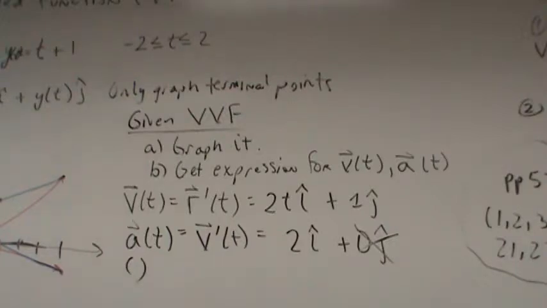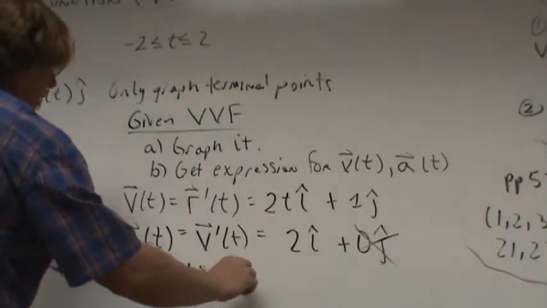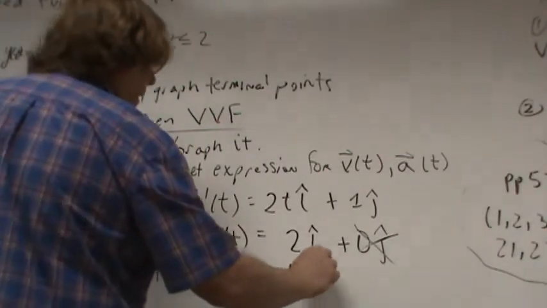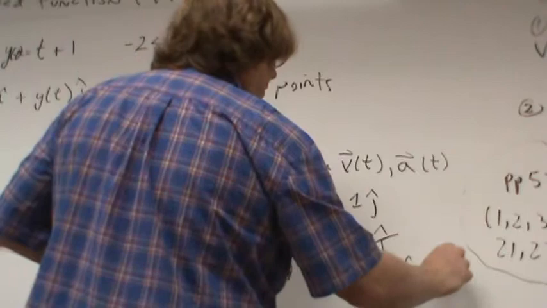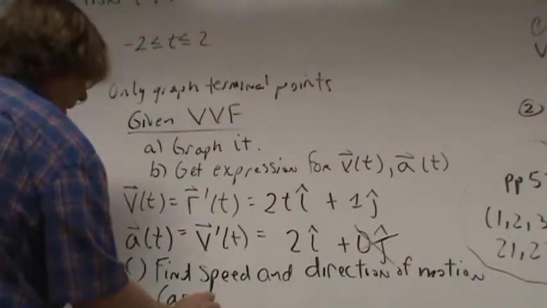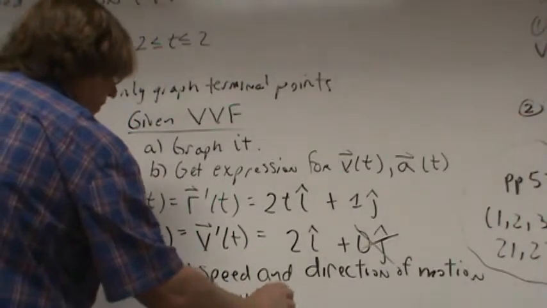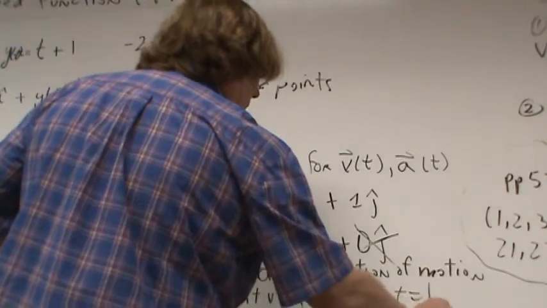Here's the next step. I'm going to ask you a question. Find the particle's speed and direction of motion at the given value of t. So I'm going to say, find speed and direction of motion as a unit vector at t equal 1.